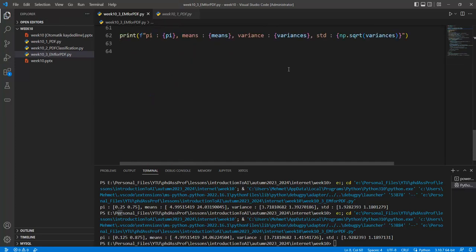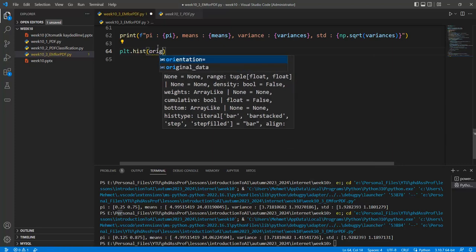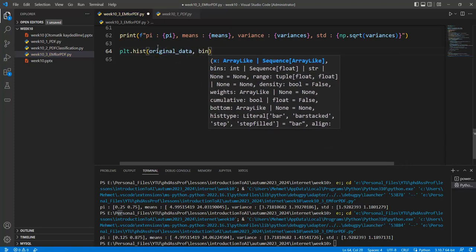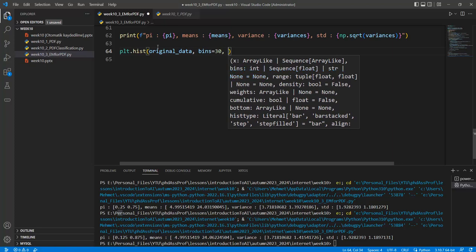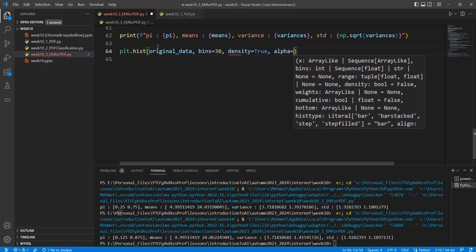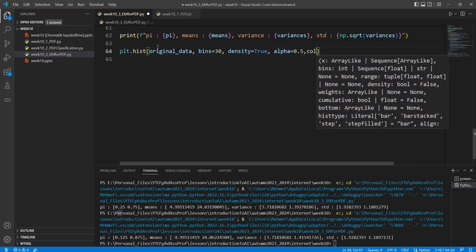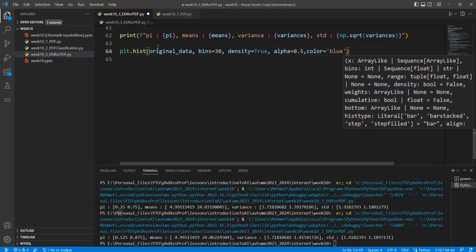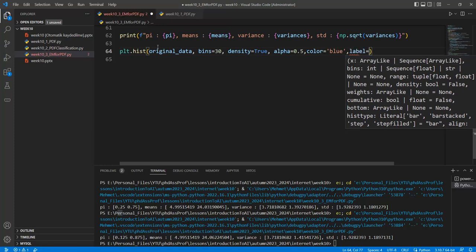And so how can we visualize these terms? The GMM, probabilistic rate. We need to give the plt.hist values like this one, the original data, bins 30, and density true, and alpha 0.5, opacity, color is blue, and label is original data.